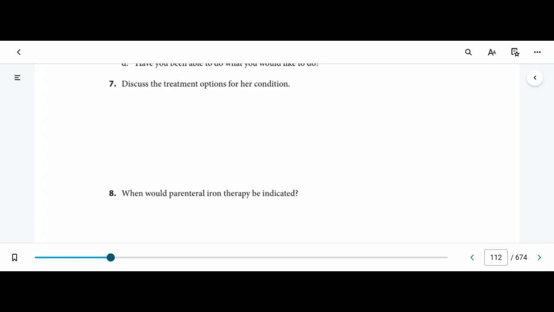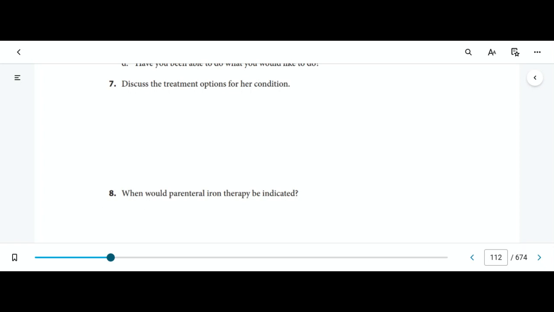Okay. Treatment options. What kind of treatment options do we have for iron deficiency anemia? Yes. So supplements, yeah. Diet, right?